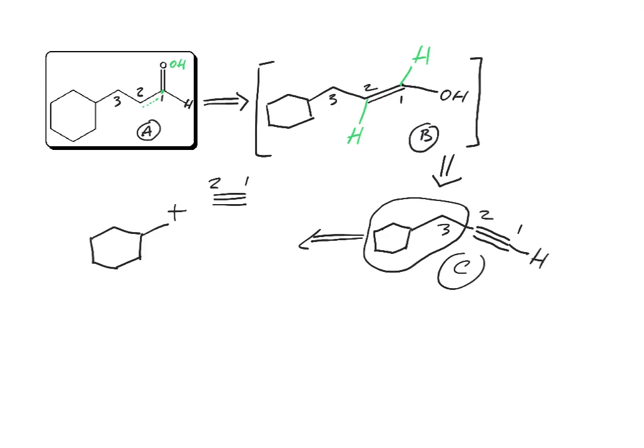So carbon number 3 attached to a leaving group such as bromide or iodide. And we'll designate it as an RX, our alkylating agent. So now we finish retrosynthetic analysis and we can go ahead and show forward synthesis.